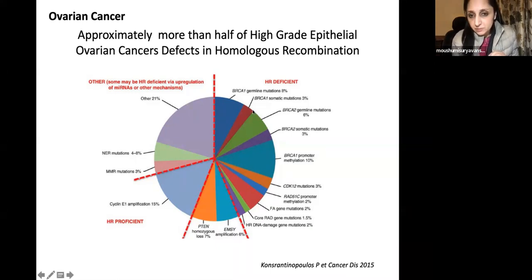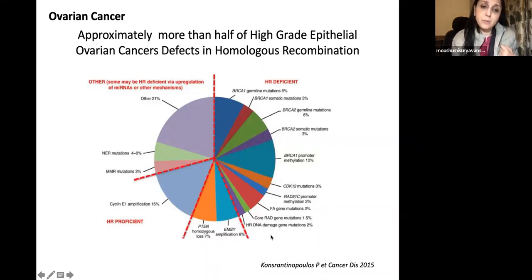So, and there are various mechanisms of HR deficiency. It could be either a germline BRCA1 BRCA2 mutation, somatic BRCA1 BRCA2 mutation, BRCA1 promoter methylation, which is seen in around 10% of the patients, CDK12 mutation, and similarly other HRR genes mutation.